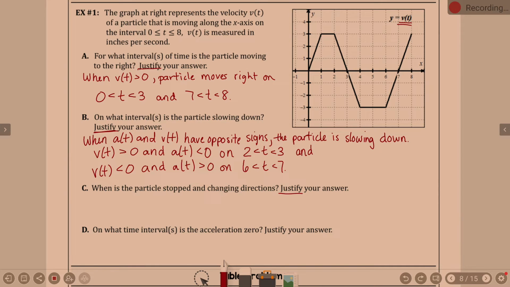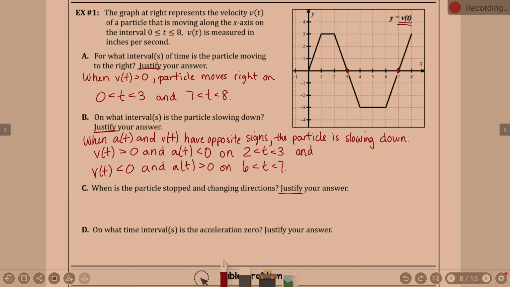What are we looking for here? When v equals 0, so crosses or touches the x-axis. Okay, when velocity is 0. And so my cases of where the velocity is 0 is going to be at 3 and 7.